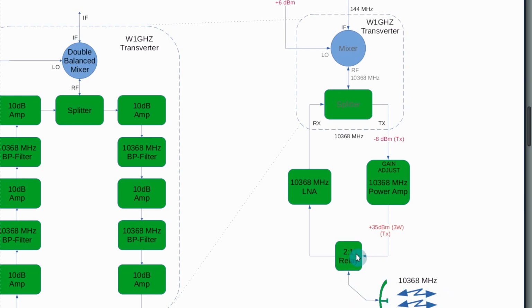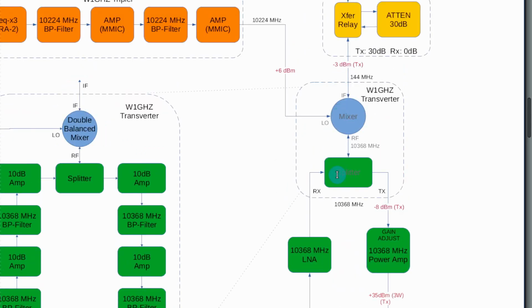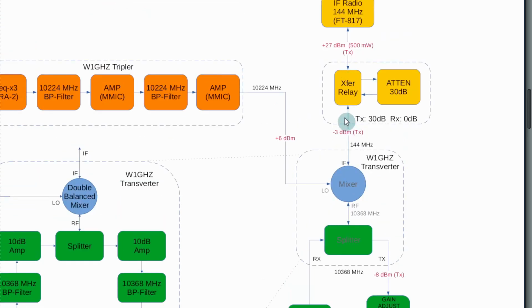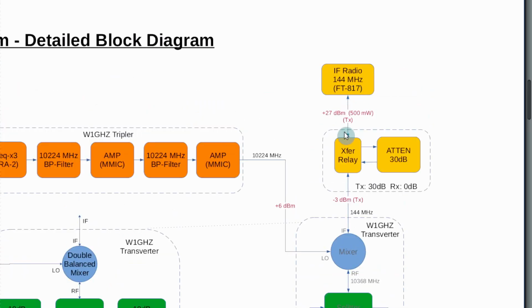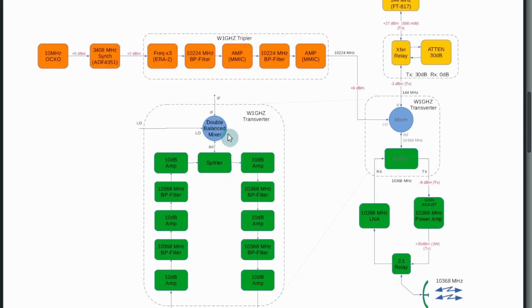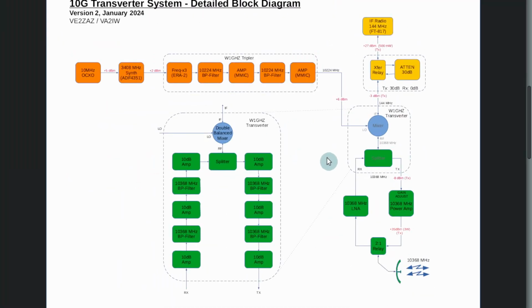On the receive path, the relay will be transferred over to our low noise amplifier, the one I recovered from a DSS TV dish, into our splitter and into the mixer and out to 144. In receive, like I mentioned, the attenuator is bypassed and it goes straight to the receiver. So that's pretty much how the system will operate.